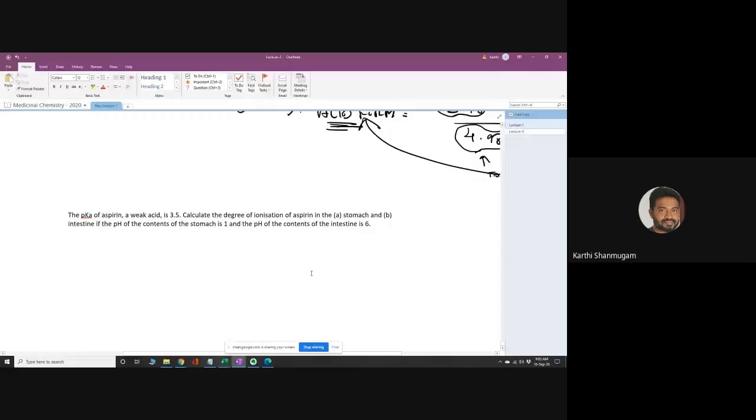Okay, so everyone solve in your notebook. First thing you have to do is draw the structure of aspirin. Again I repeat, the first step of solving this problem is to draw the structure of aspirin in the notebook. It is given aspirin is a weak acid, the pKa is 3.5.